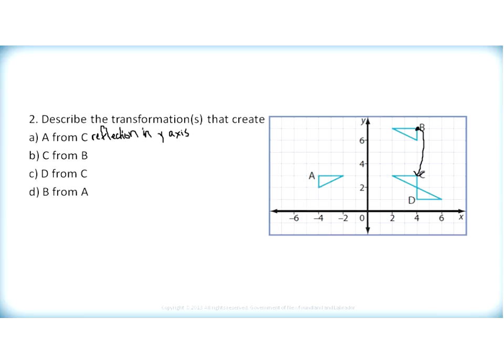They're the exact same size. So what I appear to have done is I've translated. But how many units have I translated? That'll be 1, 2, 3, 4 down. So to get C from B, I translate 4 units down.